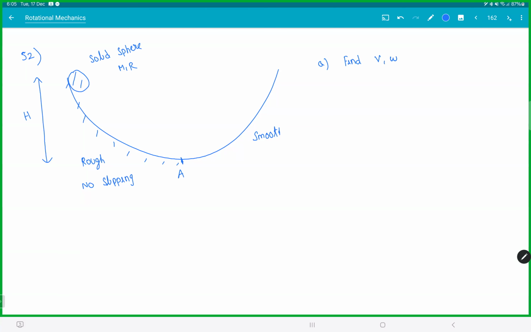Find V and omega when it reaches A. Find the ratio of kinetic energy of translation by kinetic energy of rotation. Find the maximum height it goes on the other side. So after rolling and entering the smooth surface, how much height will it go on the other side?